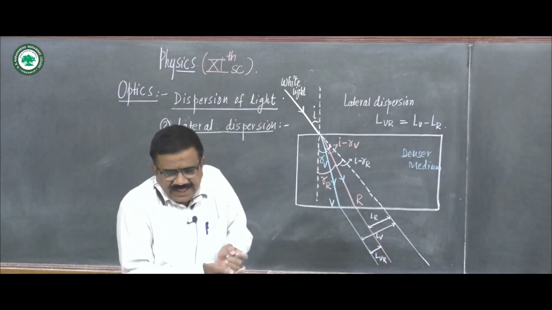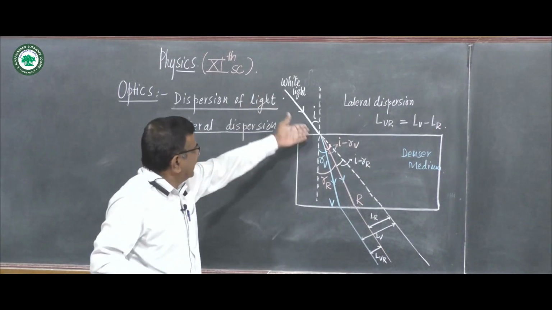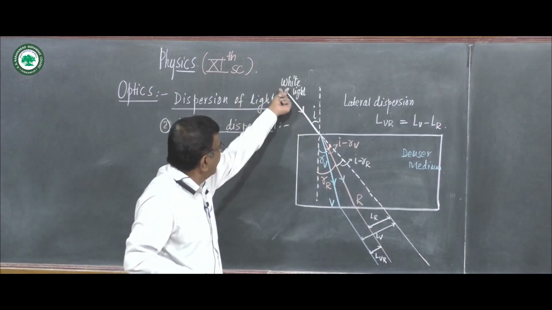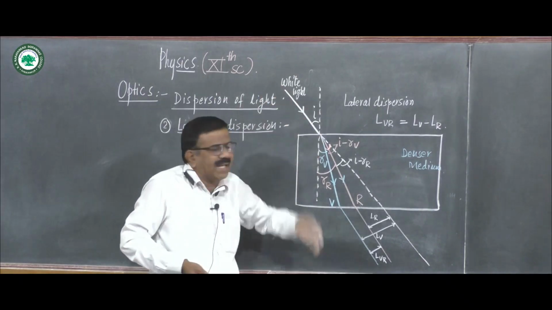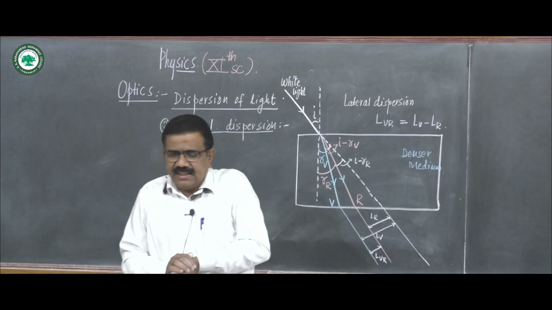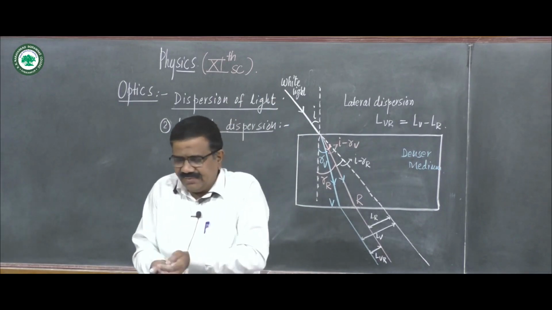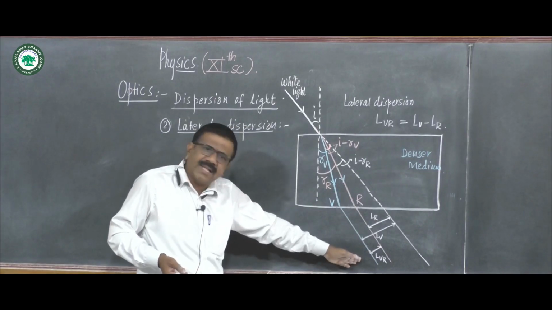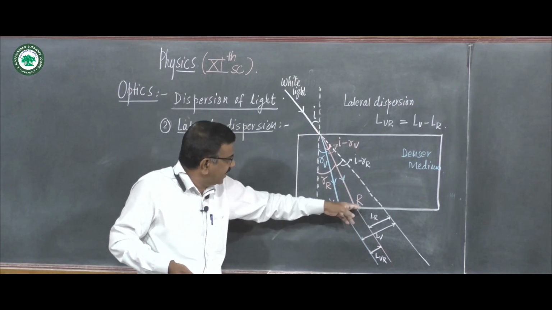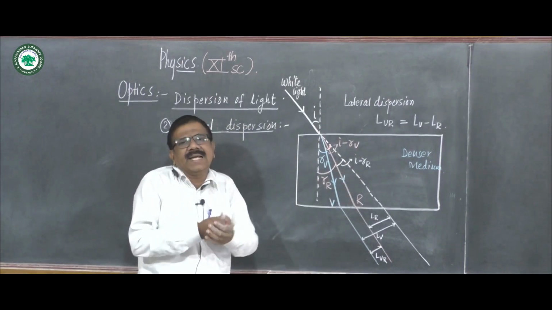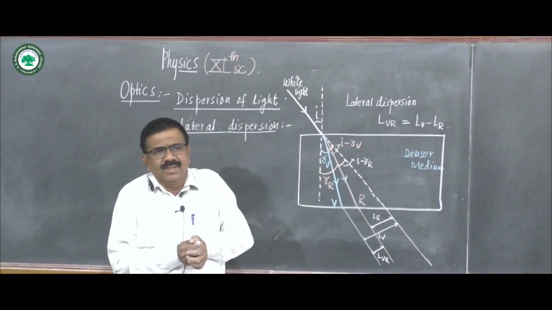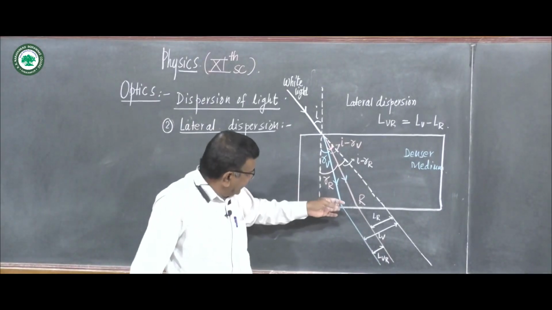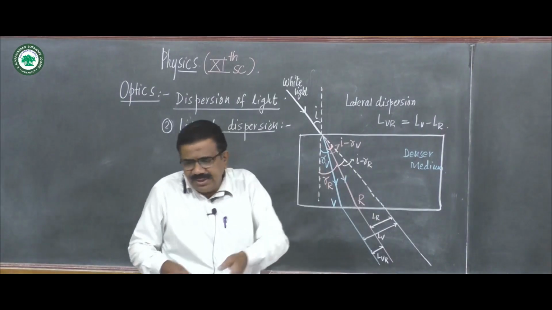Here polychromatic light, that is a bundle of rays of different colors, the white light, is incident on the parallel transparent slab, and emergent light consists of all colors. For the sake of convenience, only extreme colors, violet and red, are shown. In between violet and red, there are 5 colors we know.